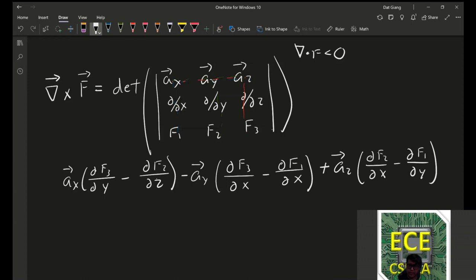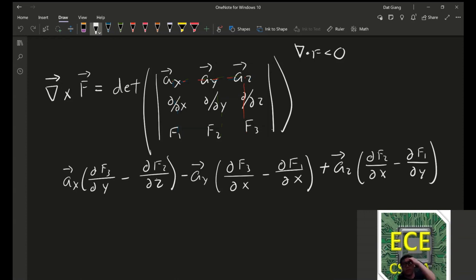Now, intuitively, because this operation is a cross product, what we are asking is how does this new vector created by the multiplication of two other vectors, what does that give us?